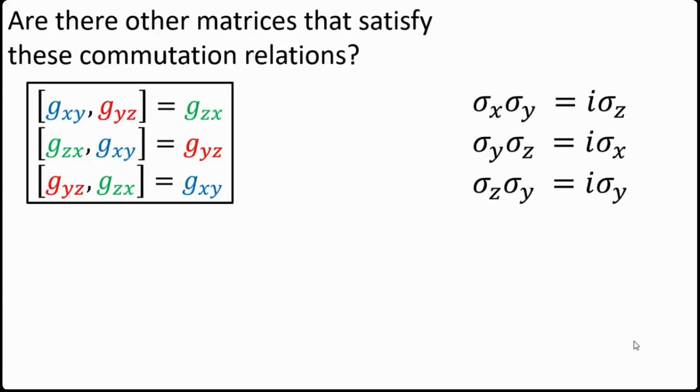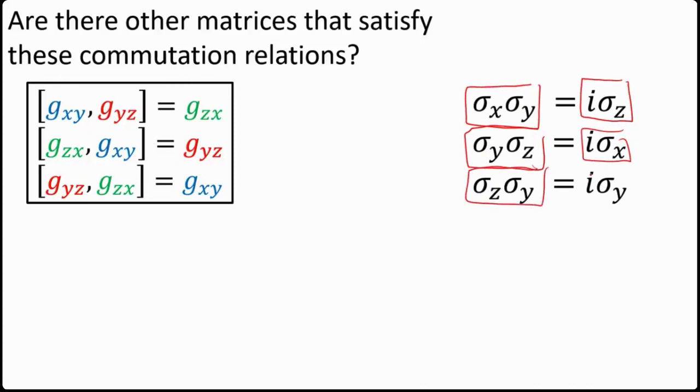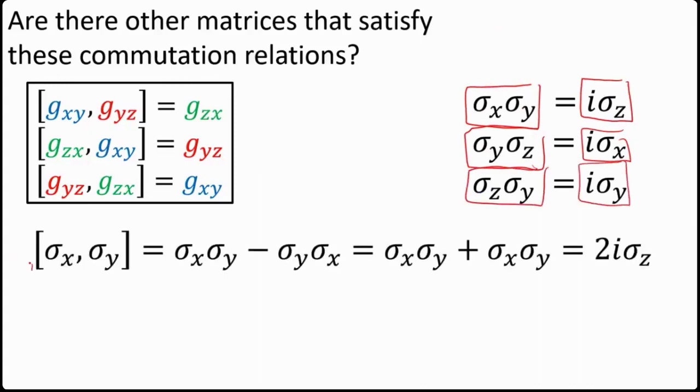And I think this is like the sigma matrices. When you multiply two, you get the third one times i. So that's a nice fact to know. And if you anti-commute two sigma matrices, you almost get the third one, but you get a factor of 2 in front. It's like 2i.